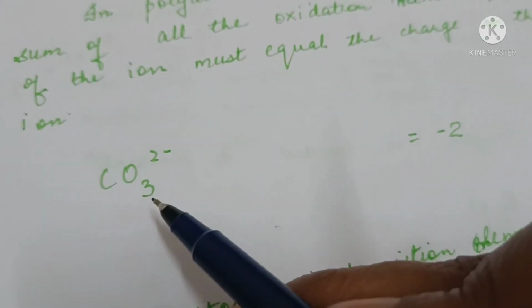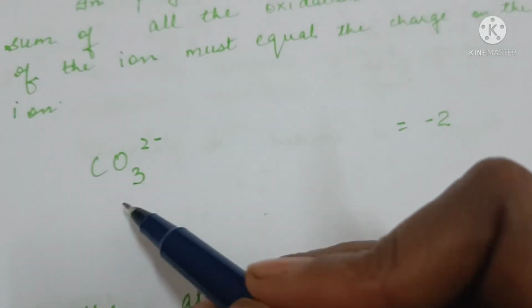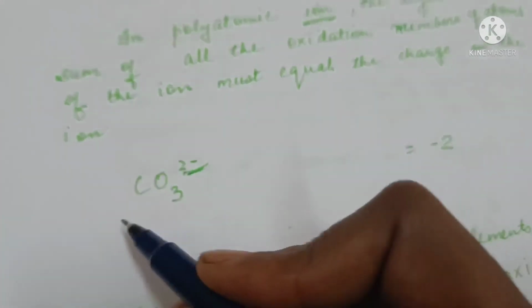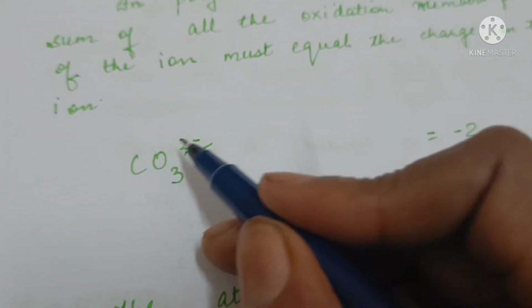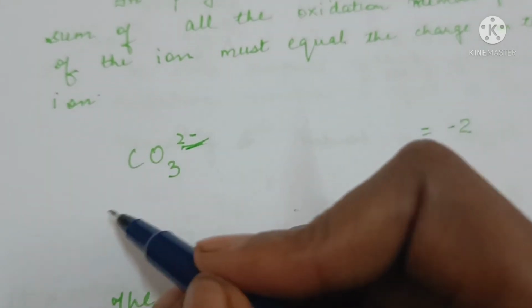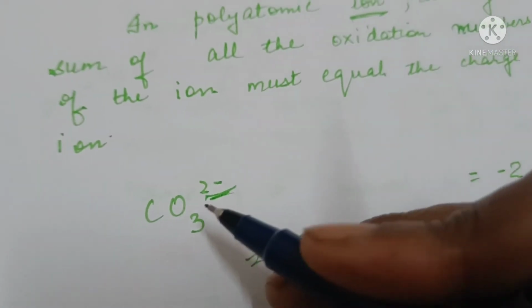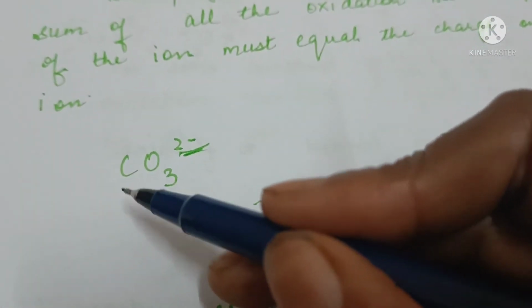The algebraic sum of all the oxidation numbers will be the charge, -2. So that means the oxidation number of carbon plus the sum for oxygen will come out to be -2. So using these rules, we can find out the oxidation state of carbon.